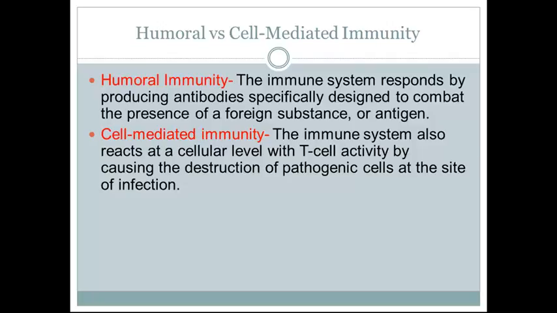Basically, they activate the B cells in our immune system. In cell-mediated immunity, the immune system also reacts at the cellular level with T cell activity, causing destruction of pathogenic cells at the site of infection, also called phagocytosis.